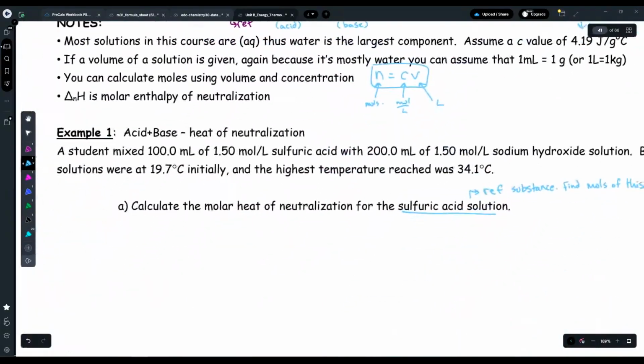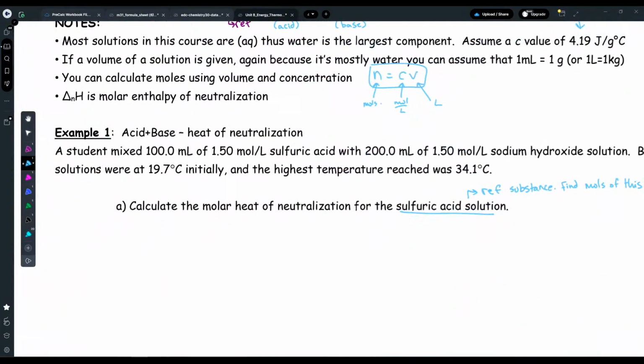Okay, so I'm noticing here that in order to find moles of sulfuric acid, here's the volume and here's the concentration of sulfuric acid. Notice that they've given us volume in milliliters and we need liters. So all that means is we just need to divide by 1,000 in order to convert 100 milliliters into liters.